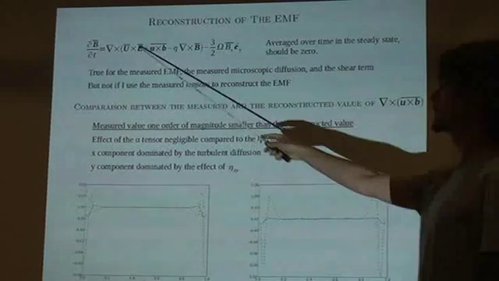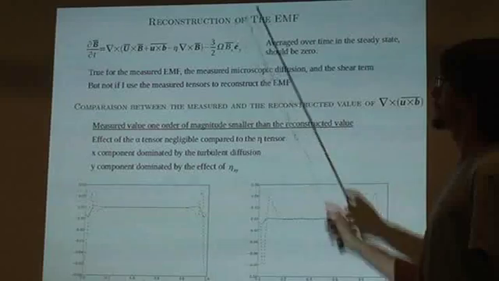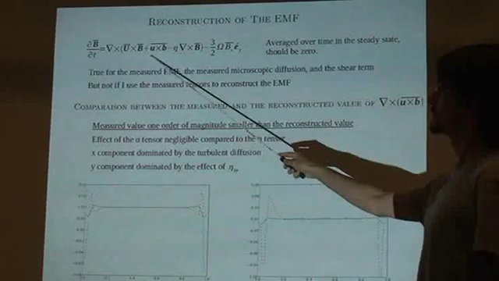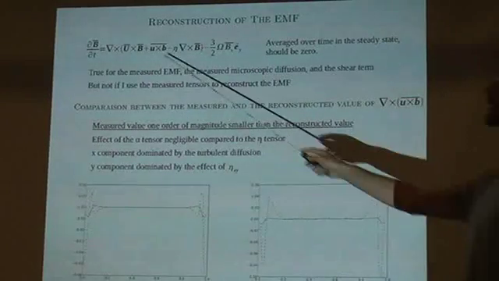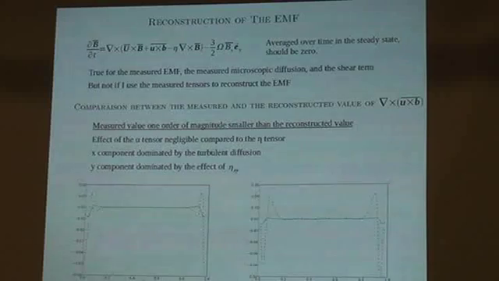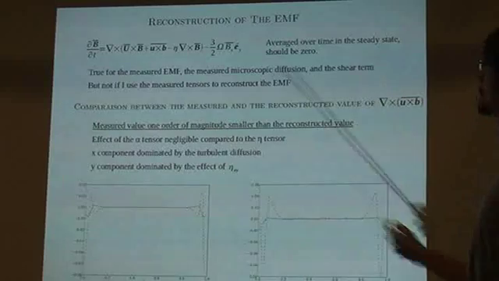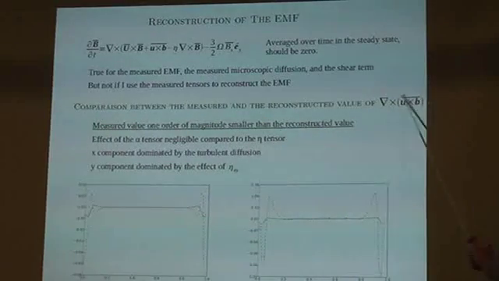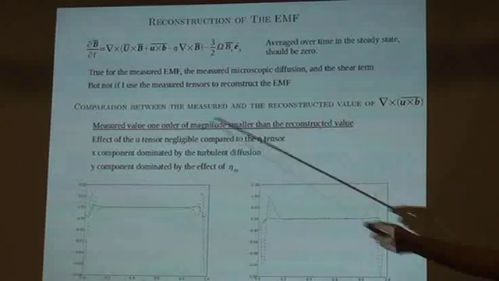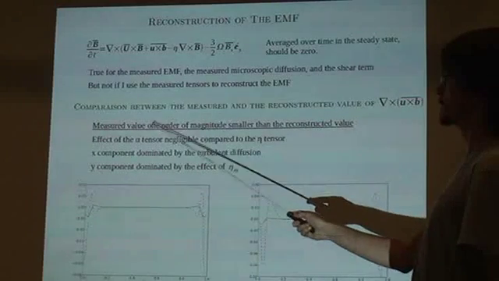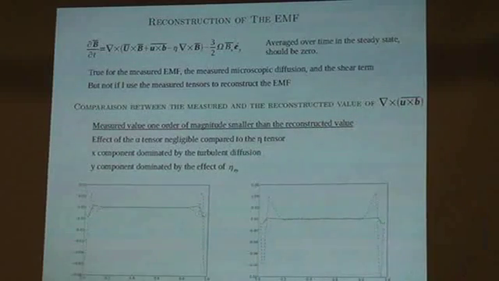It's true if I take the measured value of each term, but if for this term I try to reconstruct it from the alpha and eta tensor, it doesn't work. More precisely, if I compare the measured value of this curl of the EMF with the reconstructed one, I find a difference of 1 order of magnitude. So the reconstructed value is 1 order of magnitude too big.